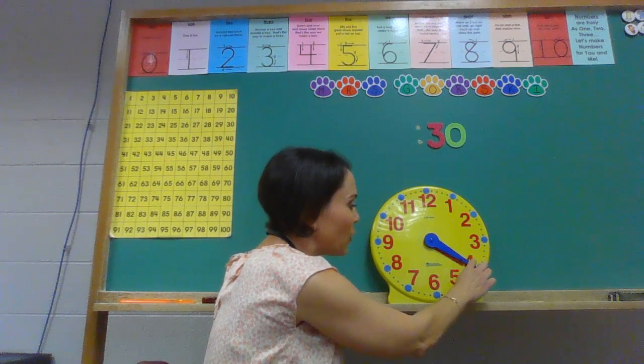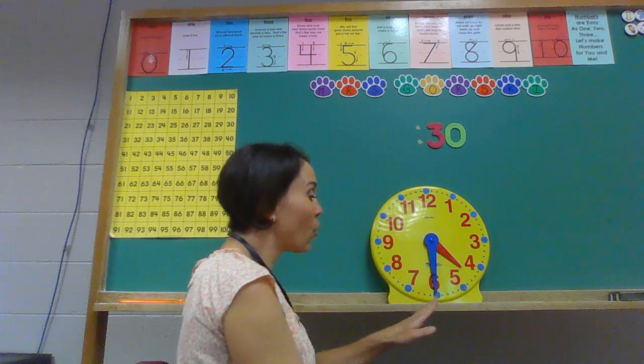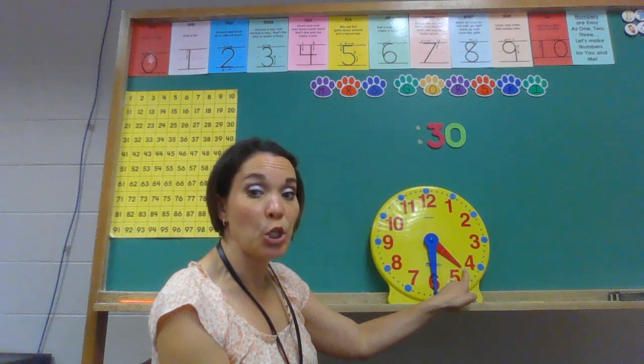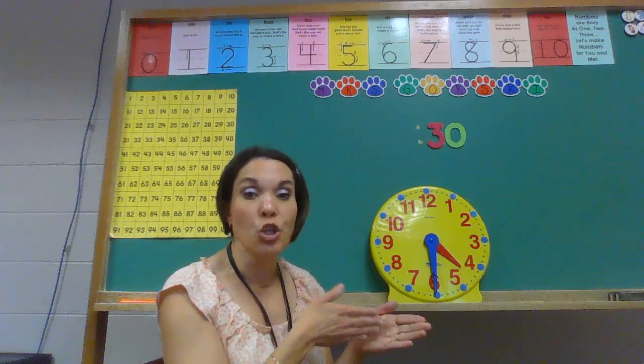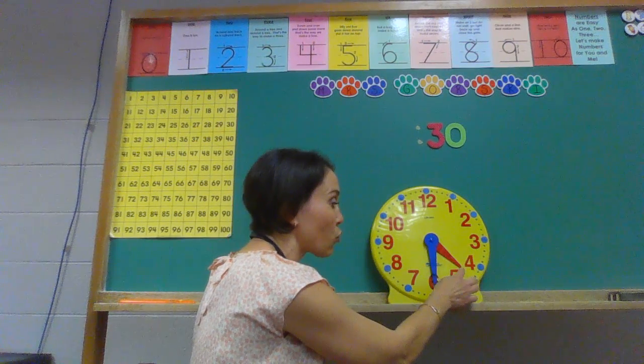But now, at 30 minutes, that hour hand is starting to move. It's not exactly on that hour number anymore. It's moving to the next hour. So as the minute hand is moving, so is the hour hand. Notice where the hour hand is. It's right in the middle of the 4 and the 5. That means it's halfway in between the hour.